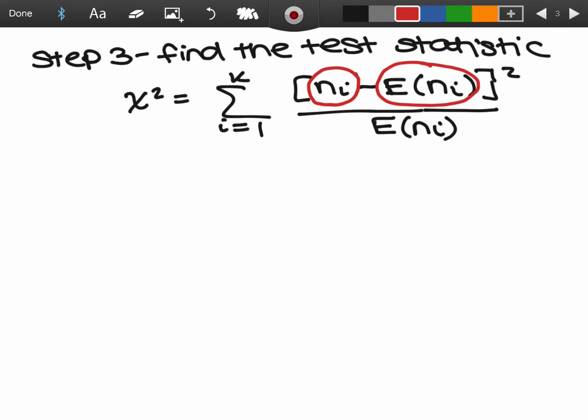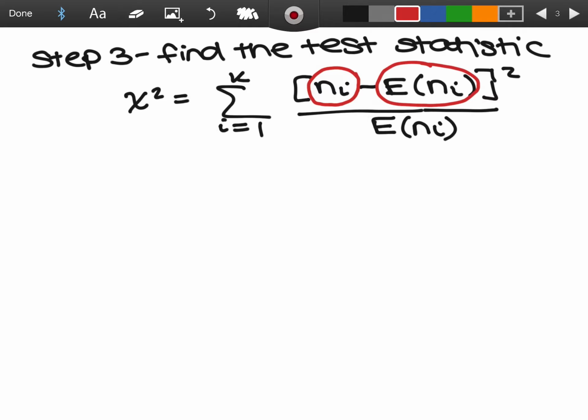So you're taking the difference between the actual and the expected number. You're going to subtract them and then square that difference.